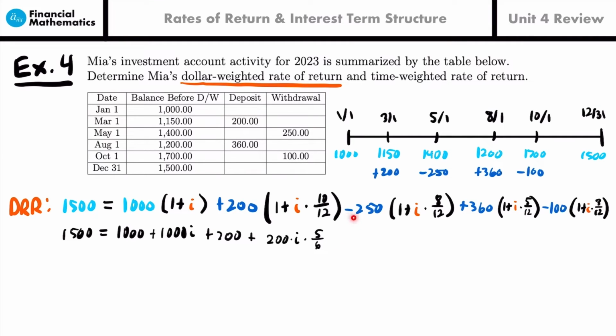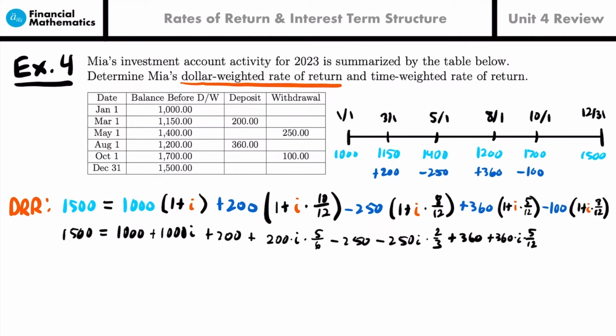Then if we distribute negative 250 through this quantity, we'll multiply it by both of those terms, and 8 divided by 12 reduces to 2/3. So we have minus 250 and then minus 250 times I times 2/3. Then we'll distribute 360 through this quantity. 5/12 can't really be reduced, so we're just going to have plus 360 and then plus 360 times I times 5/12.